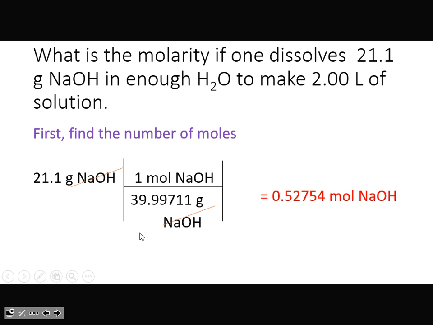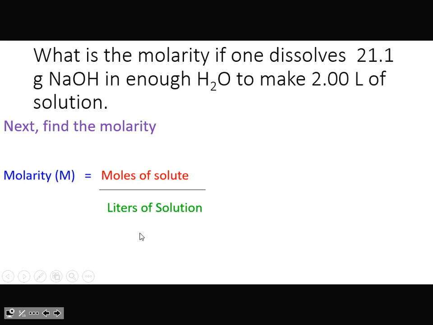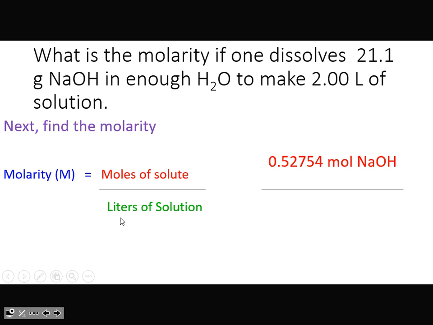I need to calculate the molarity now. I have my number of moles, and I need to plug that back into my equation. I know molarity is equal to moles of solute divided by liters of solution. I just calculated my moles of solute, and I need to divide that by my liters of solution. I can see right here in my problem I have 2.00 liters of solution. So I divide by 2, and I get an answer of 0.264 molar sodium hydroxide.